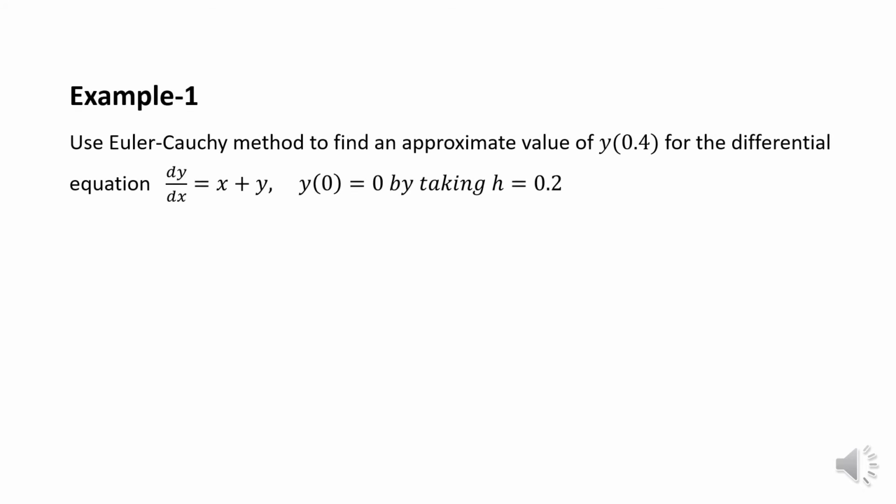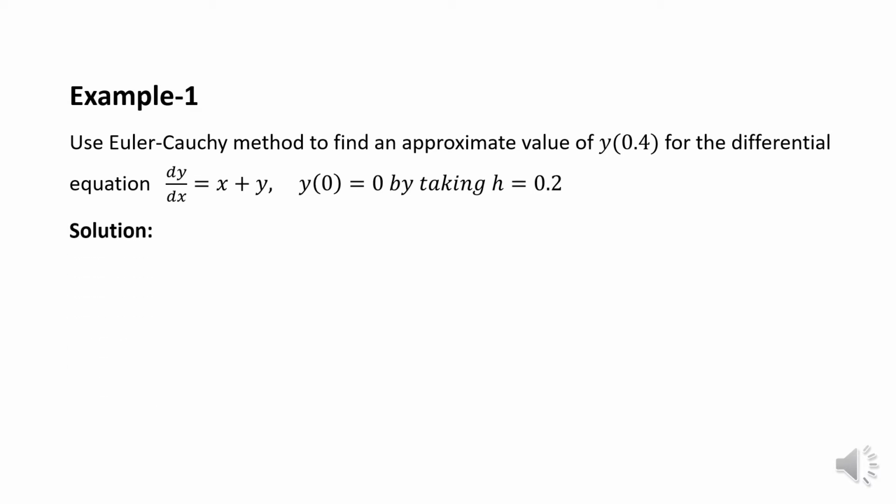First problem. Use Cauchy-Euler method to find an approximate value of y of 0.4 for the differential equation dy by dx is equal to x plus y with y of 0 equal to 0 by taking h equal to 0.2.